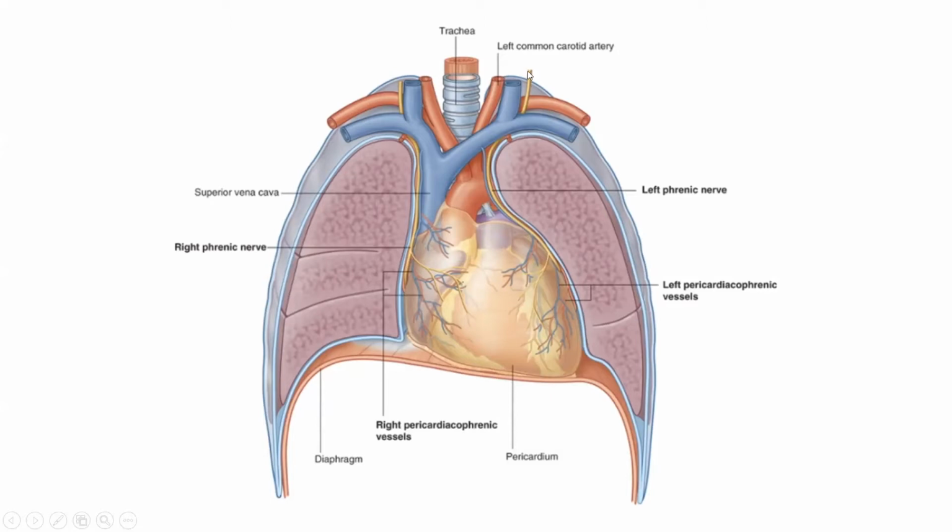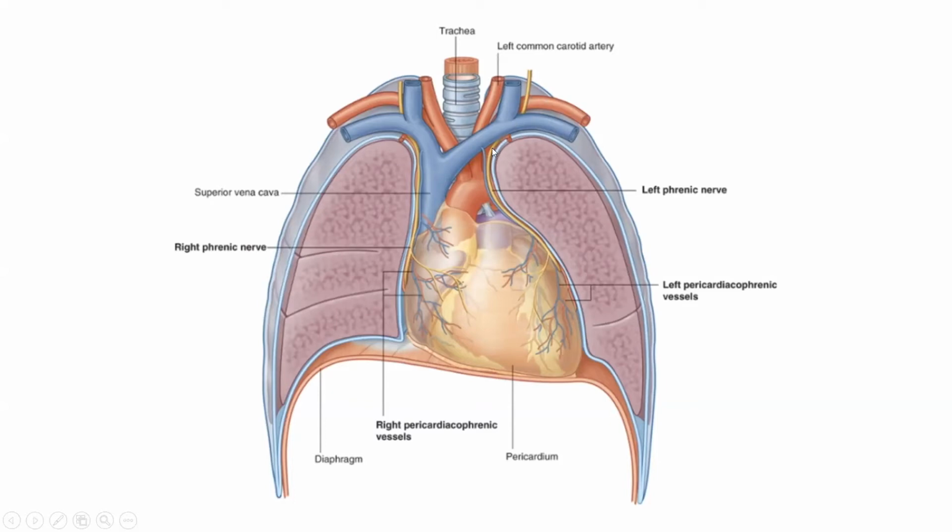On the left side, the pathway is the same. It means anterior to the anterior scalenus muscle, together with the ascending cervical artery. Then it enters the thoracic cavity, the superior mediastinum, between the subclavian artery and subclavian vein.